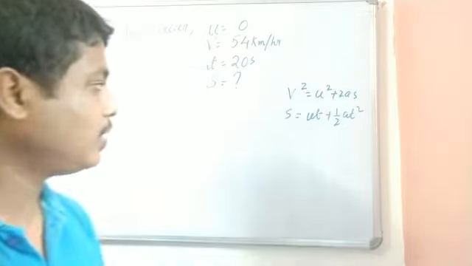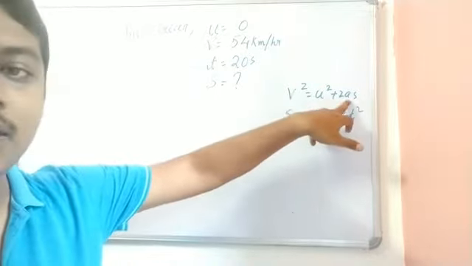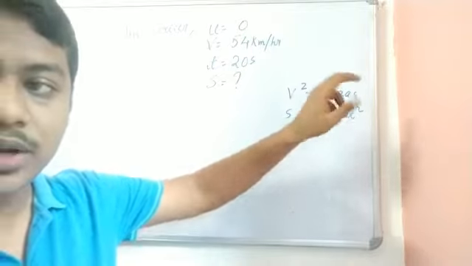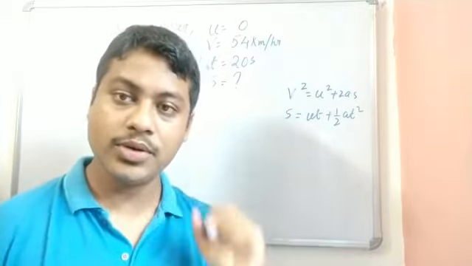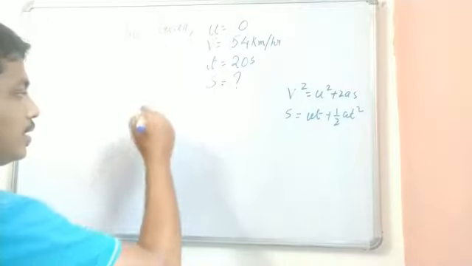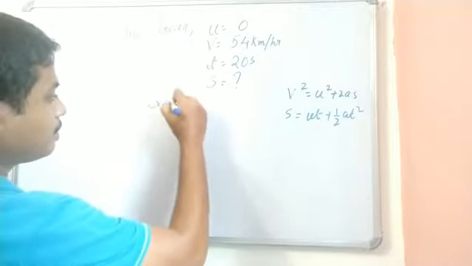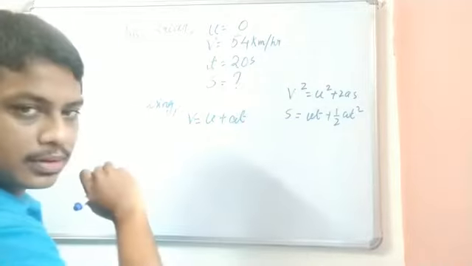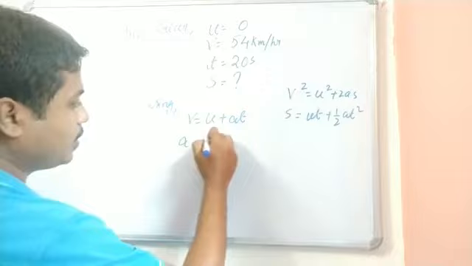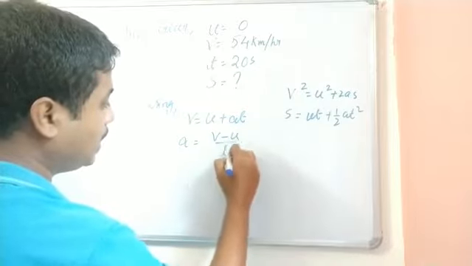But we have to use the first equation of motion first. Why? Because in both formulas there is a term of acceleration, so we need to find the acceleration first, and for calculating acceleration we have to use the first equation of motion. Using v equals u plus at, a will be equal to v minus u by t.